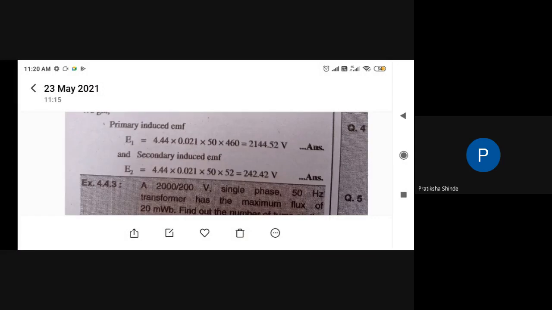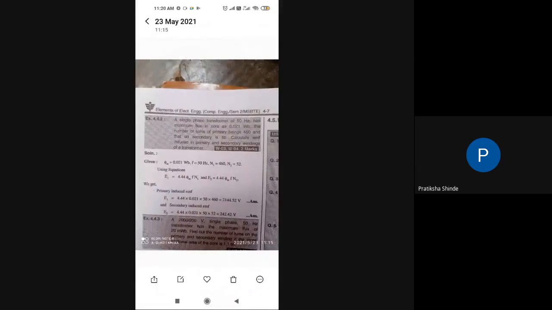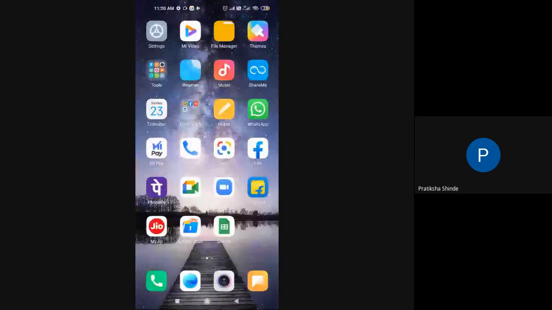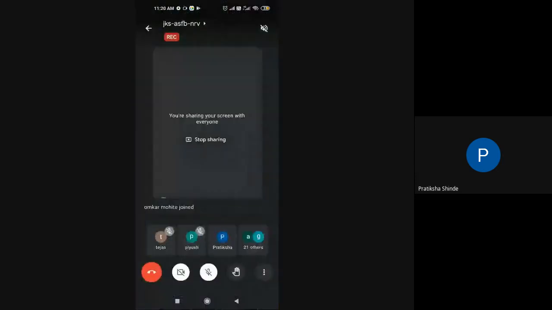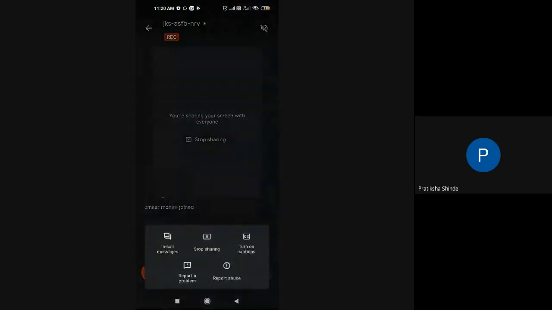Now the area is given. Again, E1 is equals to 2000 and E2 is equals to 200.